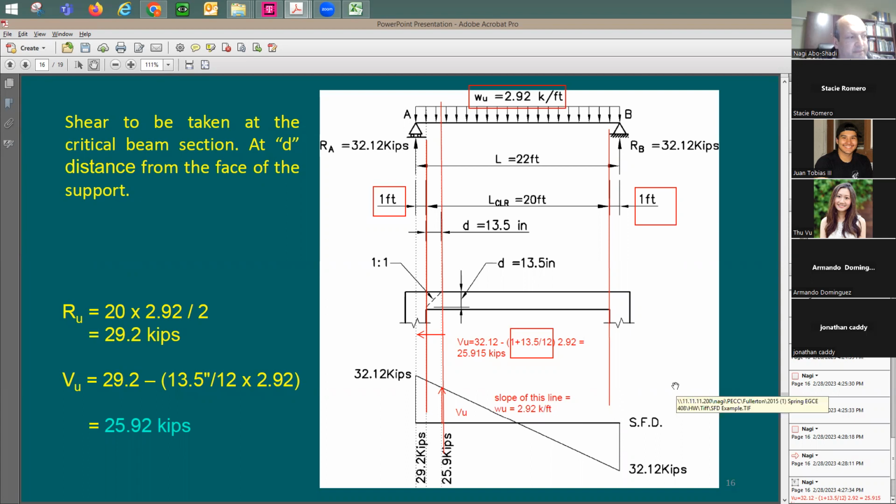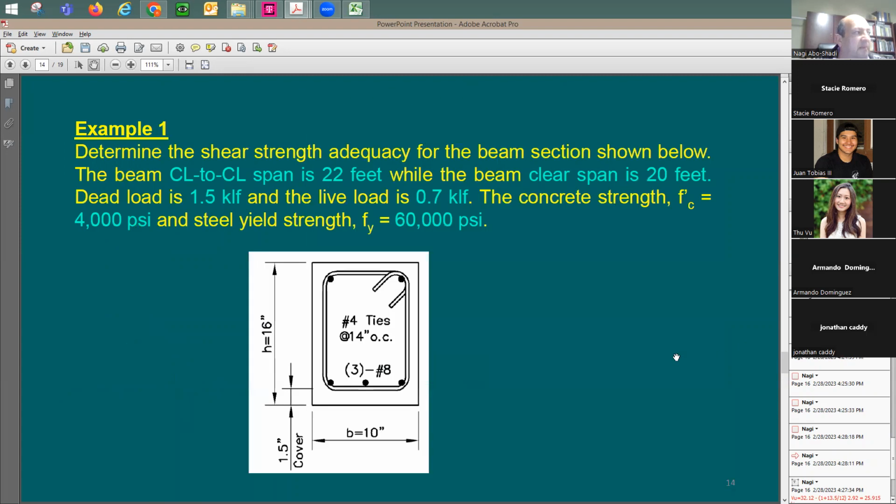I know the slope of this line. So you take the 32.12, you do the slope down, you end up with 25.9 kips. This makes sense. So now I have the demand. Why do I need the demand? Because if you read the problem back again, it says determine the shear strength adequacy, which means find out the strength, find out the demand.